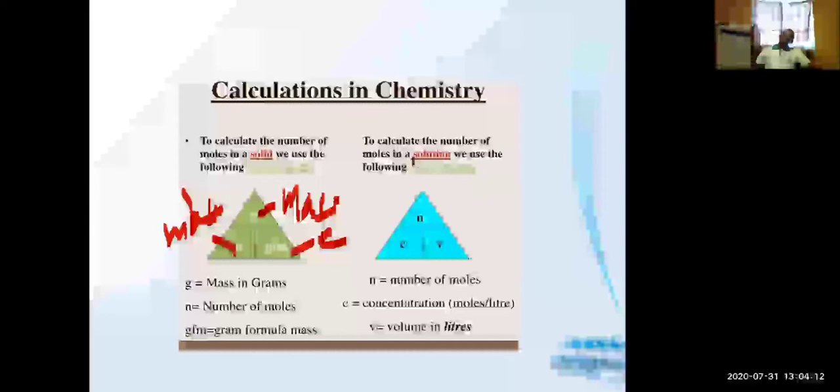Then also, to calculate the number of moles in solubility, we use the following triangle where n is the number of moles.